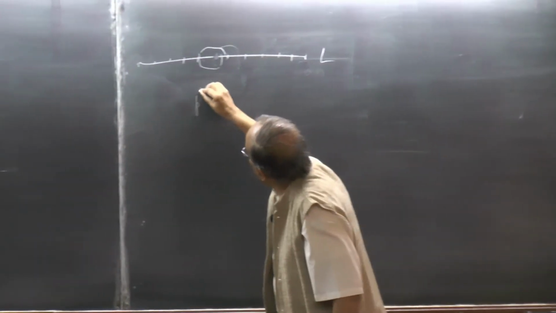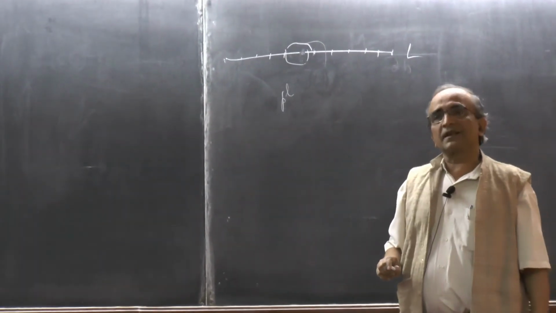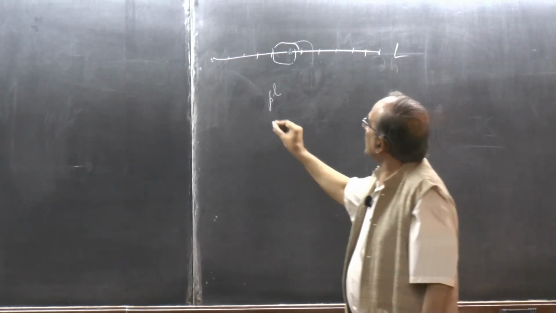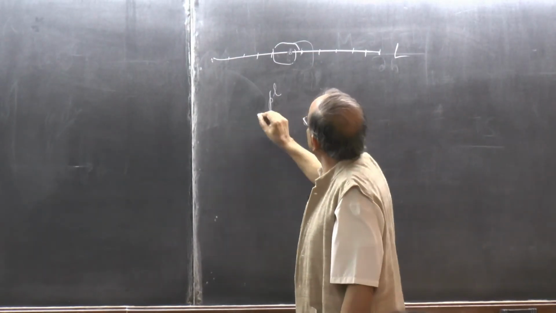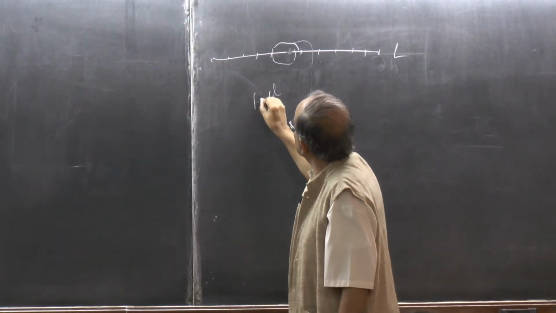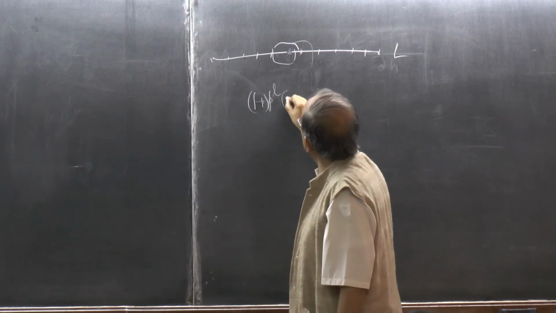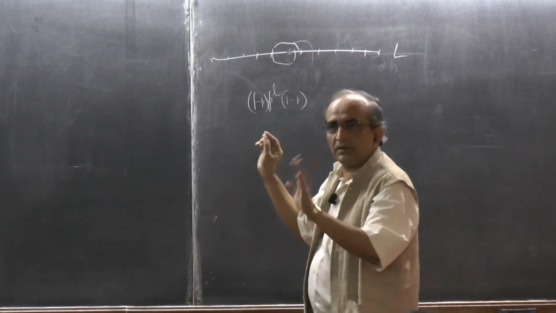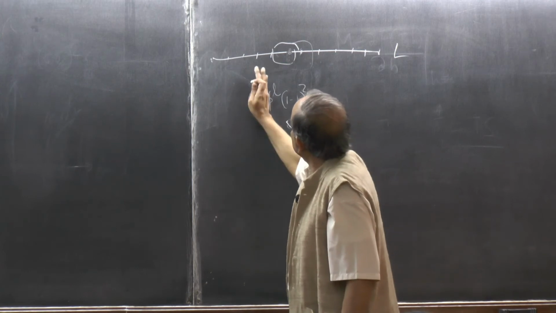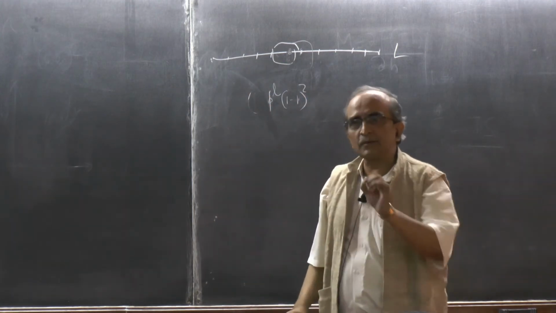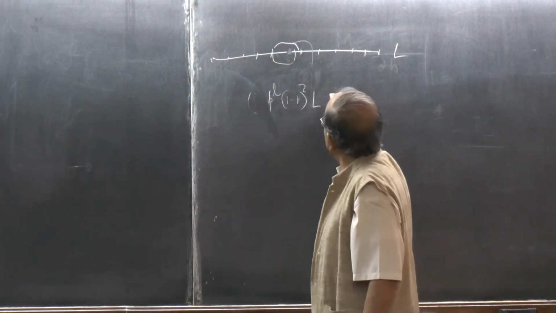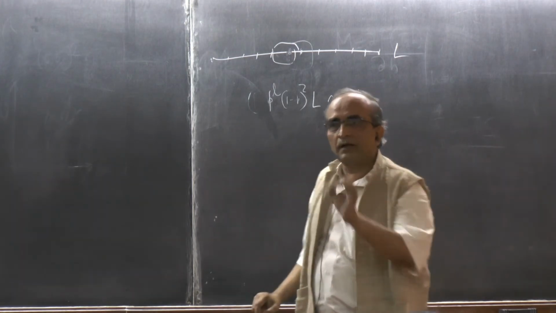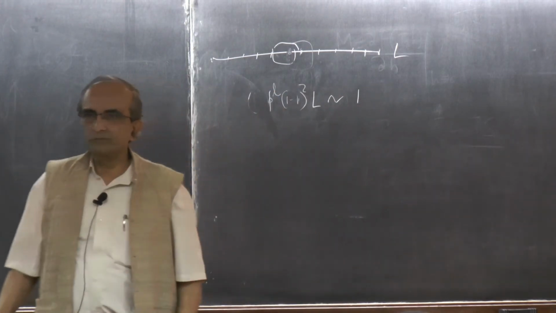So I want to find L successive defects, and on other sides of these two there would be some 1 minus p square. 1 minus p here, 1 minus p here. Both sides there would be this. So this is the probability. This into L must be of the order of 1 to get one such defect.